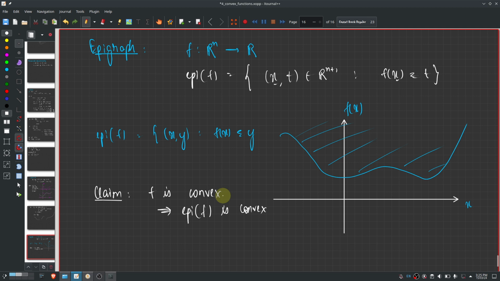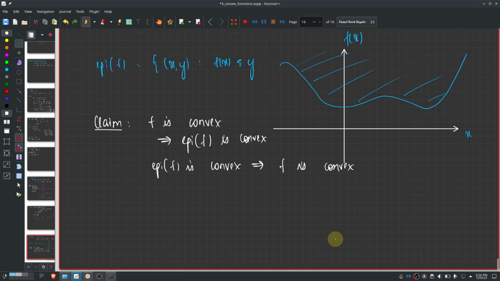And in fact, the converse also holds in this particular case. If the epigraph of f is convex, then the function is convex. How would you show this?